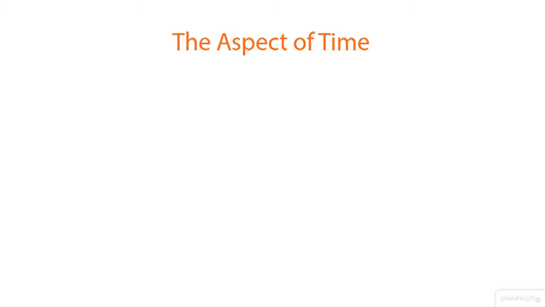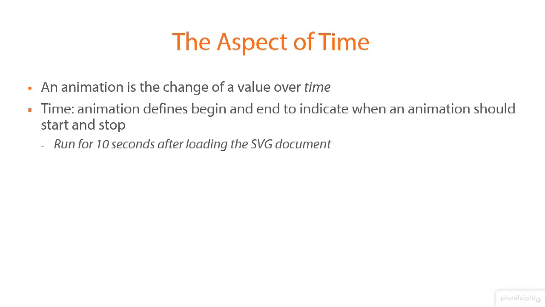I think it's quite logical that time is important in an animation. An animation is basically the change of a value of an element over time. An animation needs a begin and an end to know when the animation should start and when it should stop executing. Typically, we specify an animation in the form of start the animation 10 seconds after loading the page, or start the animation when another animation has finished.